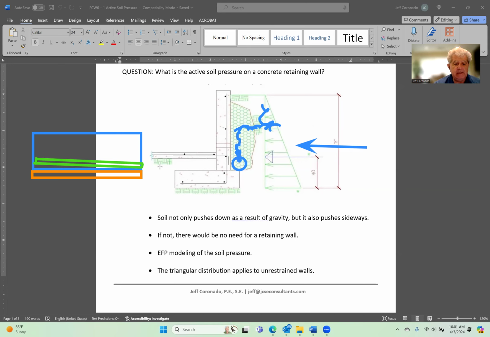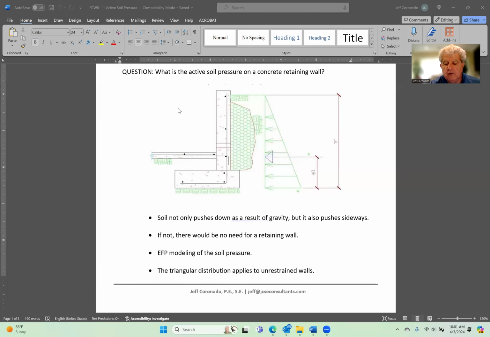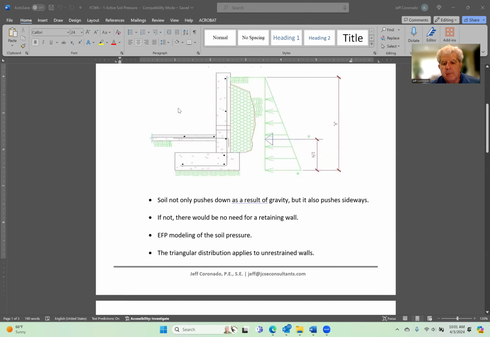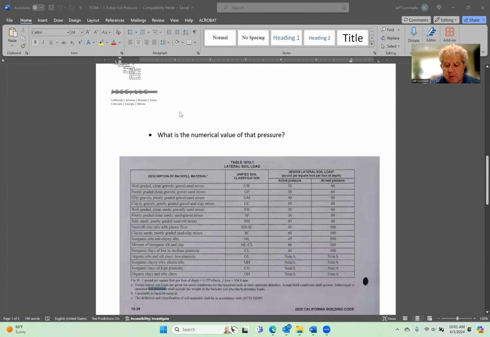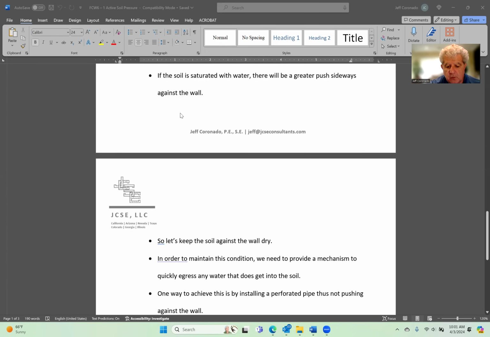But the point is you're taking it away from letting it just stagnate there and create lateral pressure on the wall. Okay, so this is one method, the perforated pipe method, of clearing out the water so that you don't induce active fluid pressure, or so that the active fluid pressure is from dry soil only, not from water that's collecting against the wall.